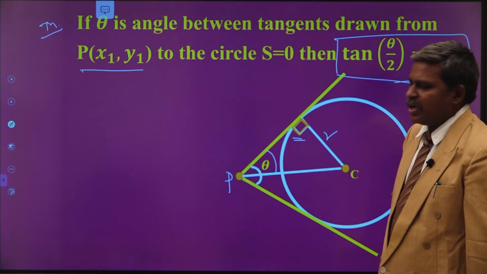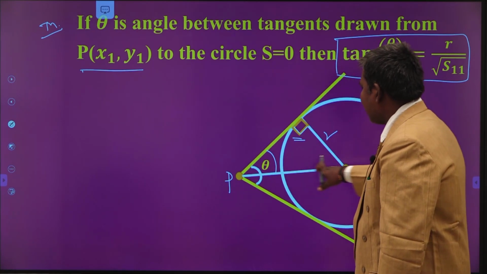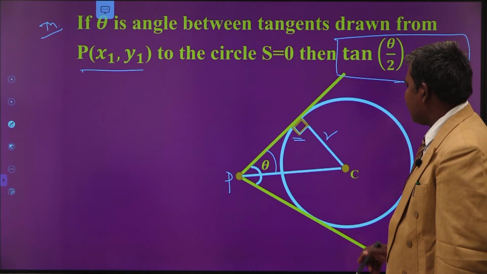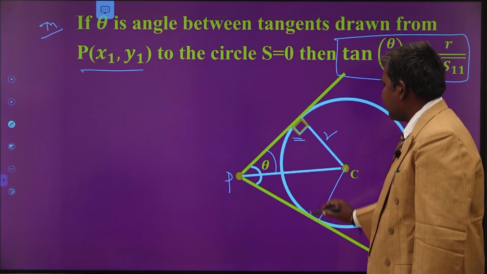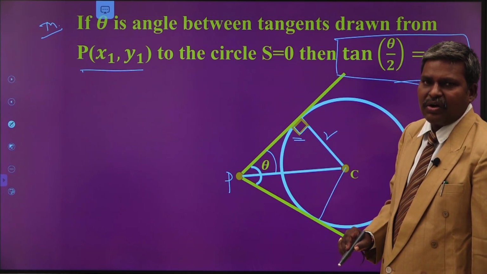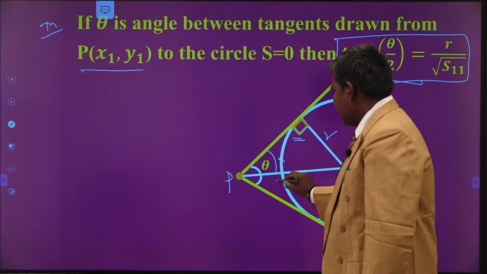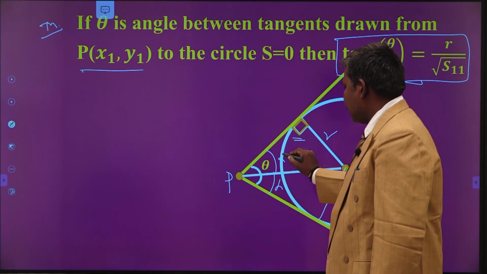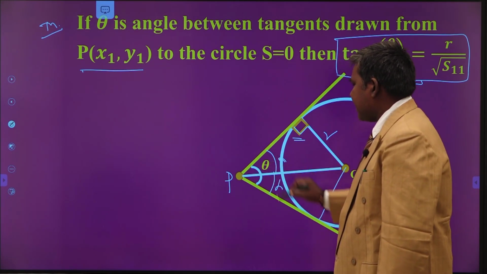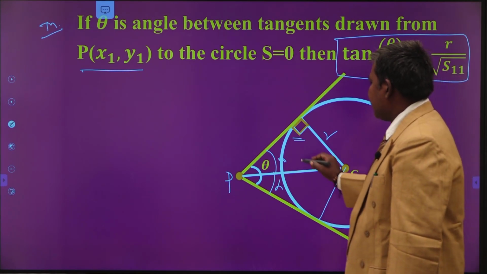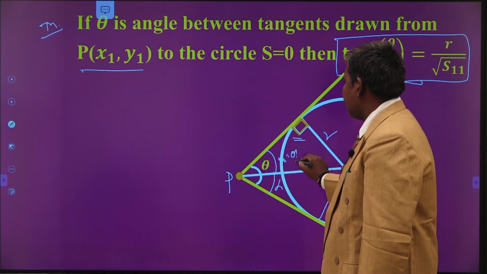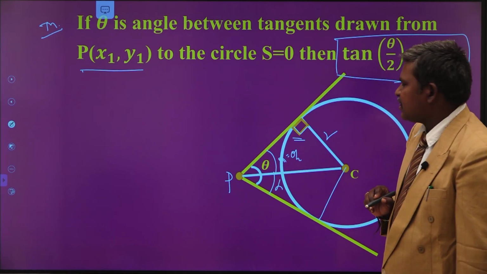Is it theta/2 or not? Yes, with the angular bisector. This will be the angular bisector, because if you join in this manner, these two triangles are congruent triangles. Therefore, if it is alpha, then automatically this will also be alpha. This line bisects this angle. Therefore, what is the angle here? Alpha is equal to theta/2.